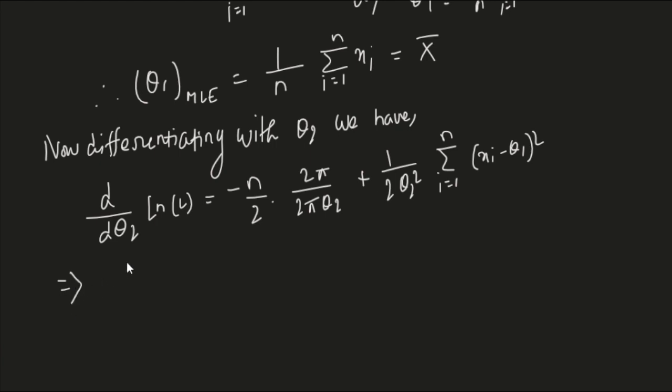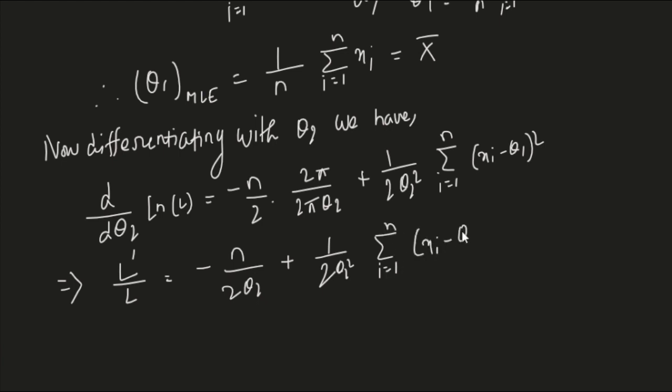And therefore L prime by L is minus n by 2 theta 2 plus 1 by 2 theta 2 squared times the summation i equals 1 to n of (xi minus theta 1) squared.